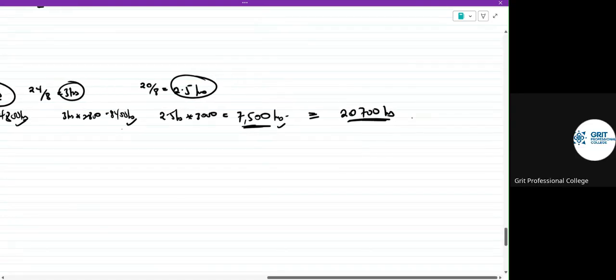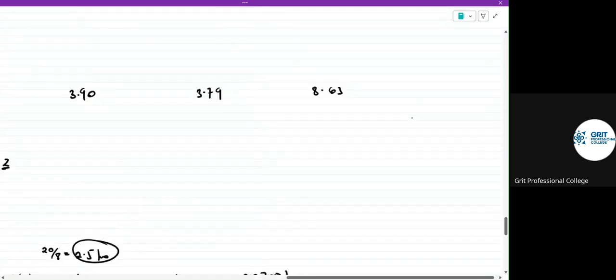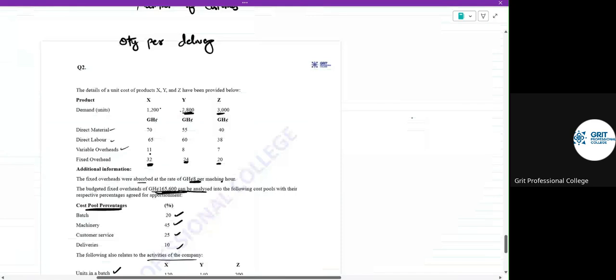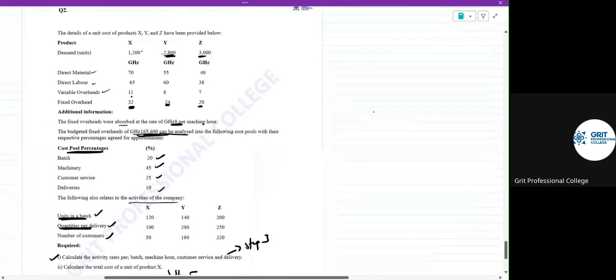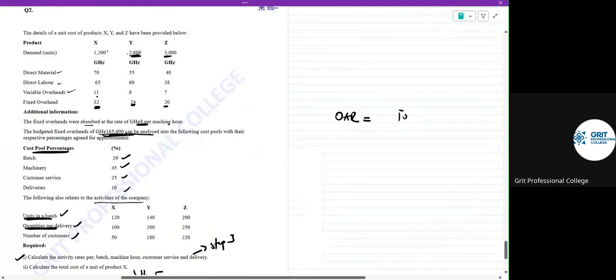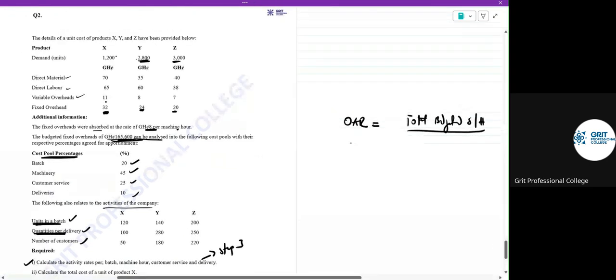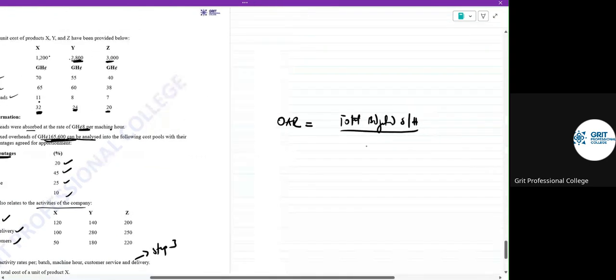Fine. So what you were suggesting was that we know, if you want to get your OER, it is equal to your total budgeted overhead divided by the absorption basis. Now this OER we have here, we get it using the total machine hours.